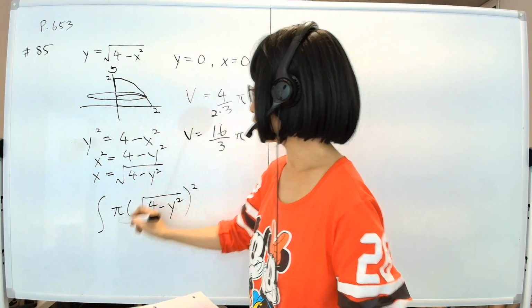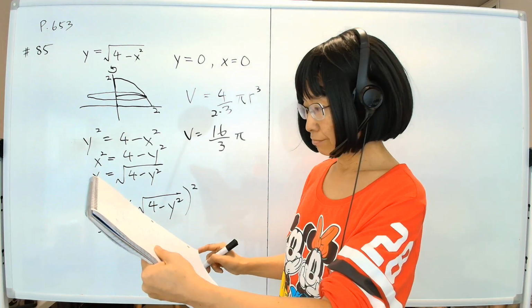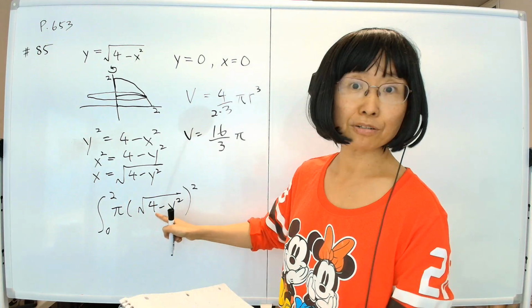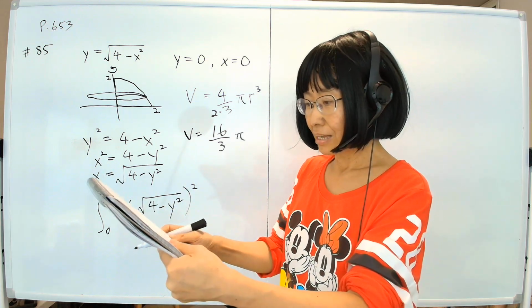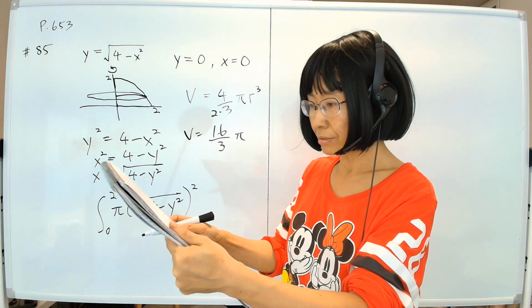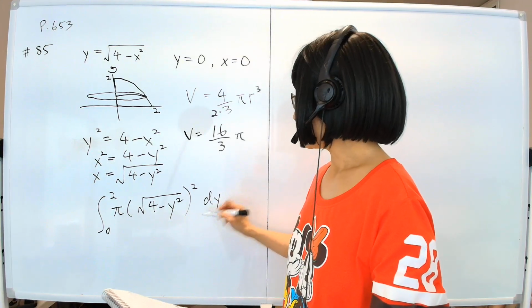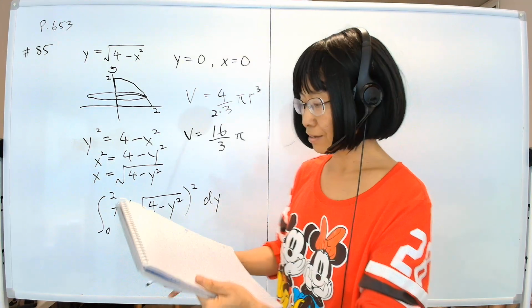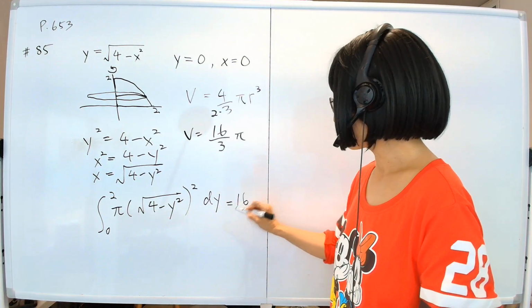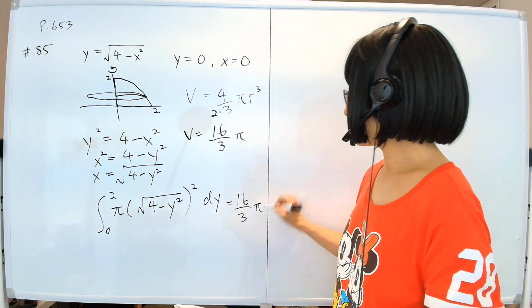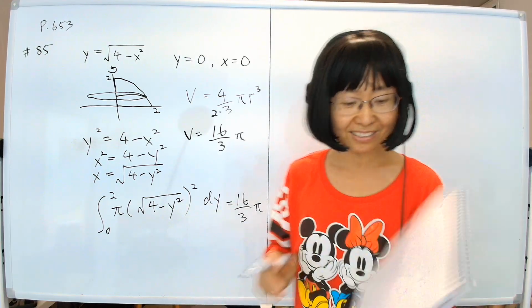You take the square root and then square it, so things come out looking pretty peachy, and then dy. By the time you get done with all this, you do come up with 16 over 3, just like the original problem, and that's also the right answer.